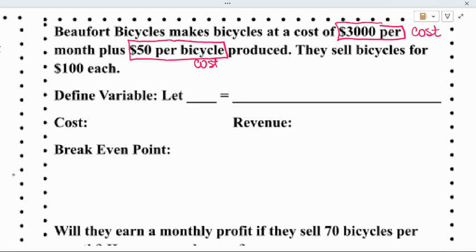Okay? What's a revenue, Ken? What's our revenue? How much do I make for every bike that I sell? Yep. Do I make $50 for every bike that I sell? How much am I selling bikes for? Okay, so that's our revenue.